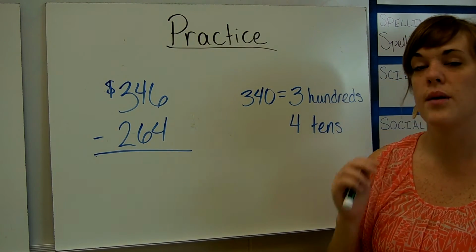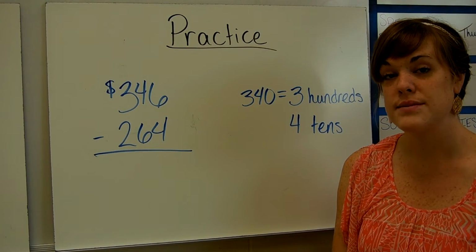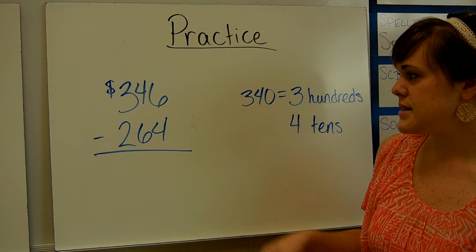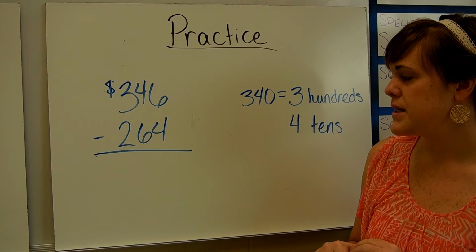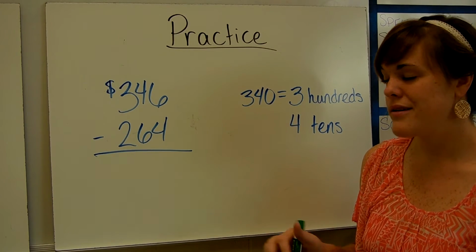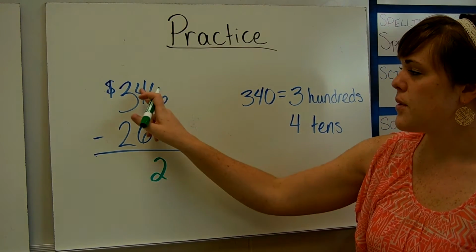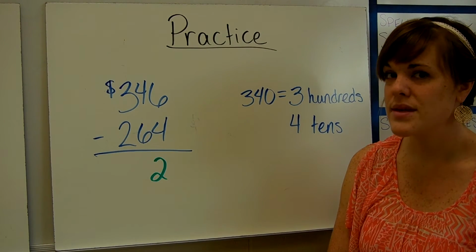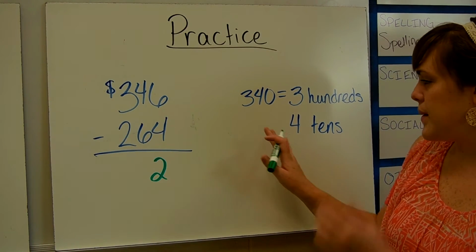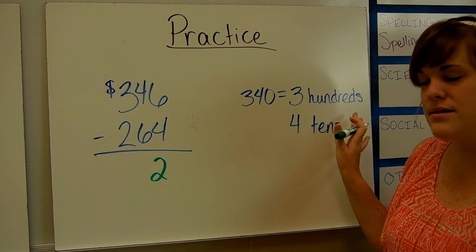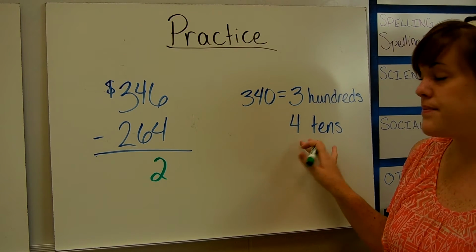Okay, so we're going to do a couple more together, and then you have to write some down in your notes, and we'll be done. So if we're looking at this we're going to do it the same way. 6 minus 4, I can do that. Don't have to regroup for that. That's just going to be a 2. But 4 minus 6, you can't do that. So I'm going to think of my 340 as 3 hundreds and 4 10s.